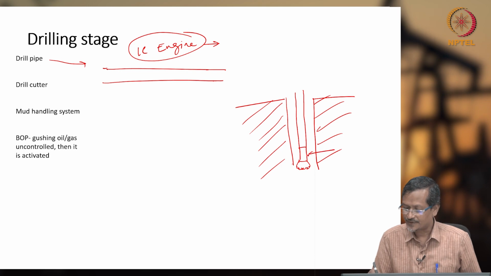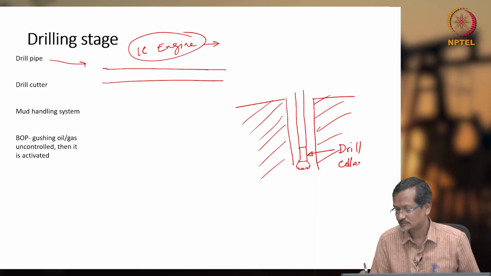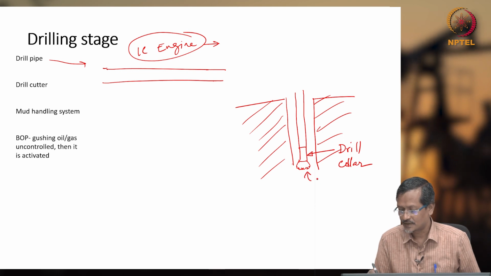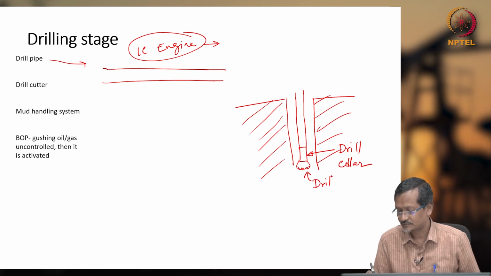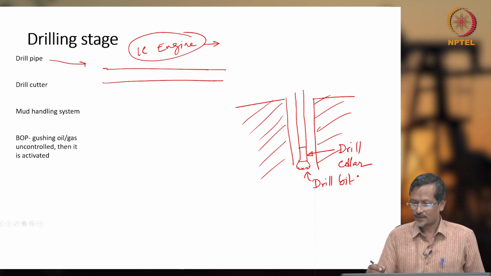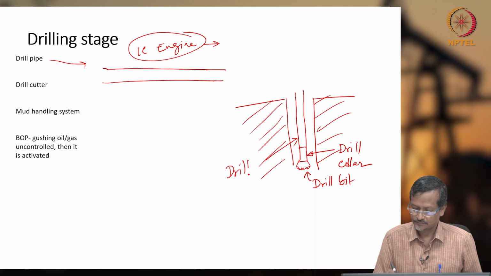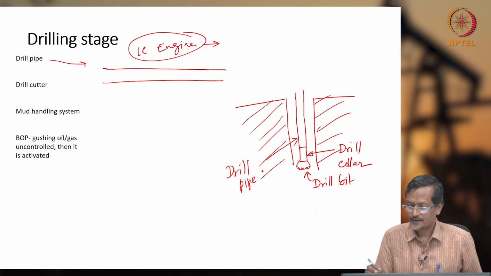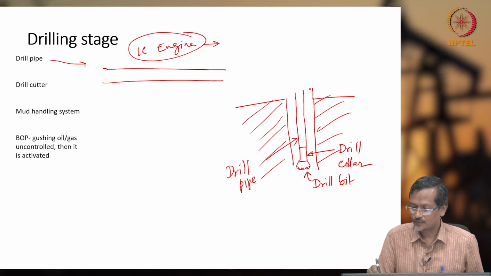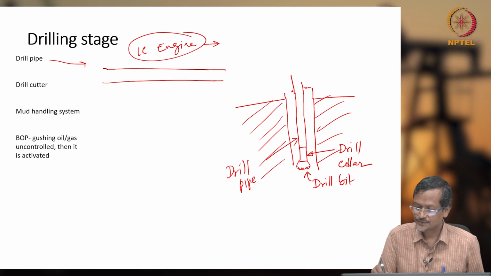and this is called the drill collar. This is the drill bit. This is the drill pipe. And there will be one pipe connection like this.